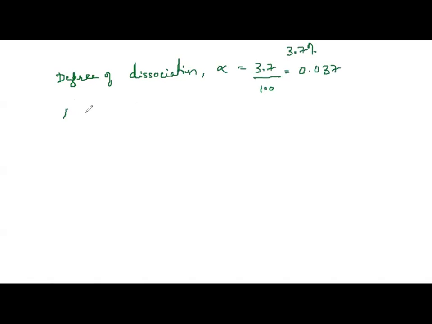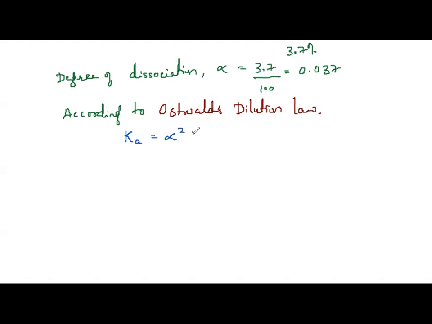Now which law have we come across? According to which law? Ostwald's dilution law. We have seen this. According to Ostwald's dilution law, we know that the dissociation constant for a weak acid is equal to alpha square into C. Or for a weak base, it is equal to alpha square into C. Correct?